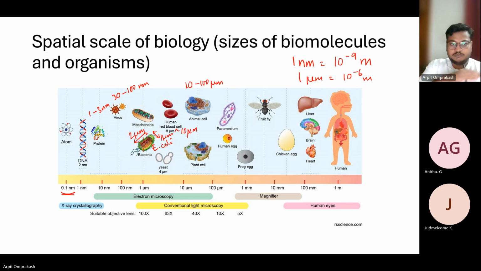So this whole range is what we see in biology, which is quite varied, going from molecules and DNA and proteins to organisms. We see that there's a very large difference in the scale. And since biology studies all of these, it's very important for us to have a sense of what the scale is and where different things fall on the scale.